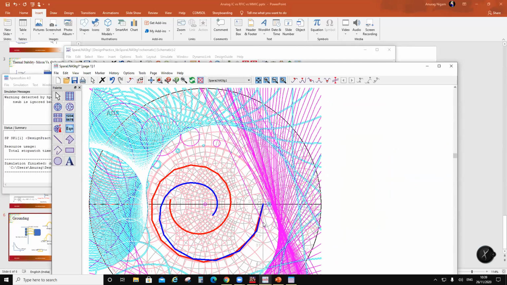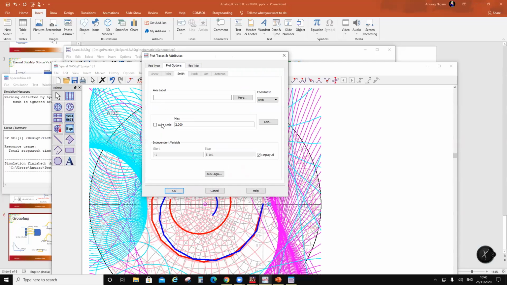While for these, the endpoints are just connected, because this is a limitation of the graphics of Keysight's display window, that it cannot do an open curve. It has to have a closed curve here. So the endpoints of the circle are basically connecting together. Let's say if I put this to auto scale.